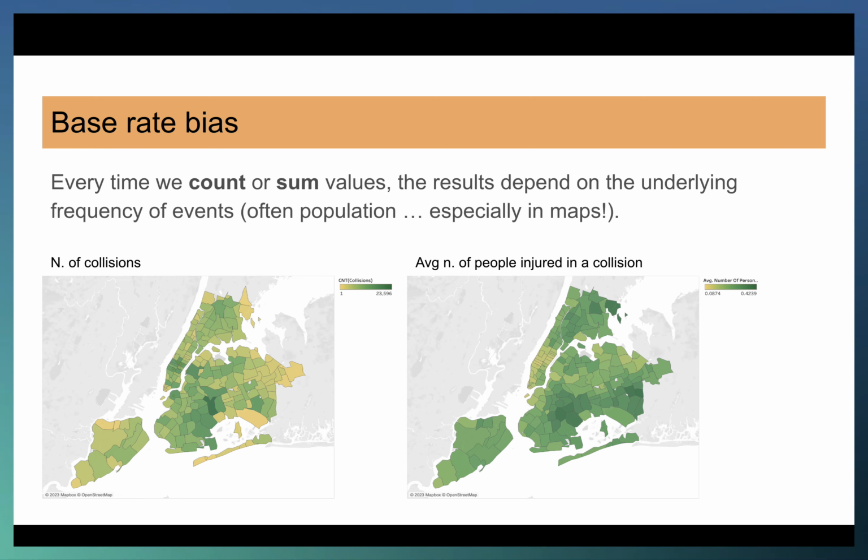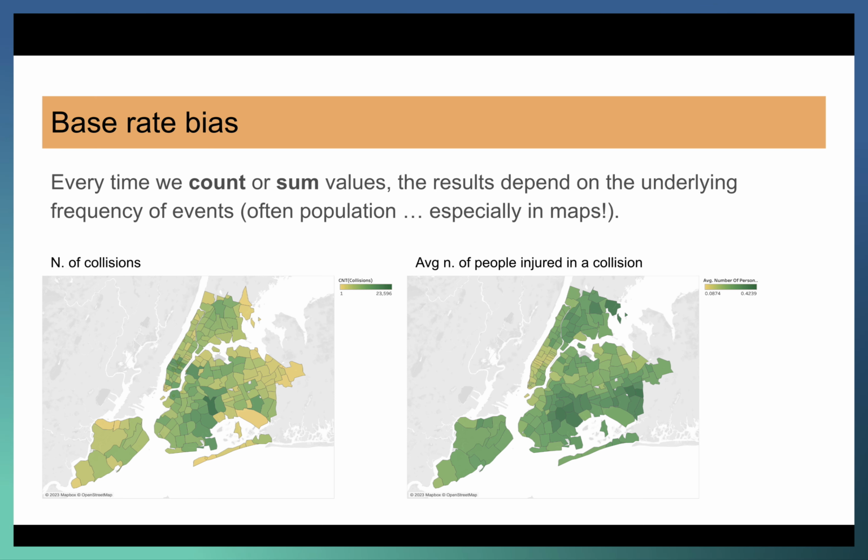So here is a different way of visualizing exactly the same data. In the map on the left, we have data calculated at the level of zip code this time and shown through a map. And we have the number of collisions on the left and the average number of people injured in a collision on the right.